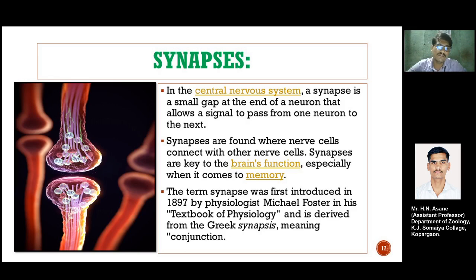As you can see in the picture, there is a small gap between these two axons. The downside may be the receiving end of the dendrite, and the upper part in this picture may be the terminal end of the axon, and in between is that small gap, the synapse.